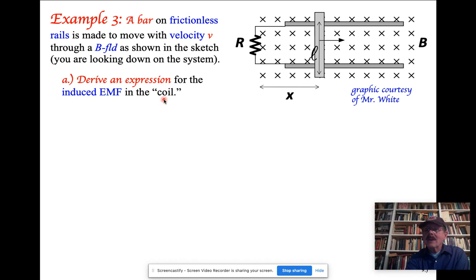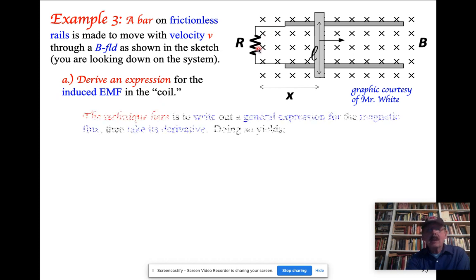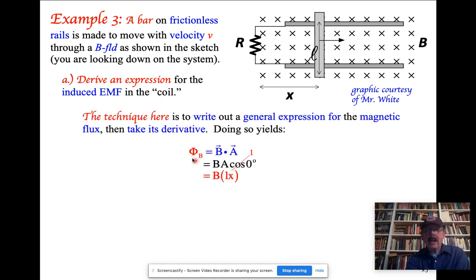The first thing you want to do with this is to write down the expression for the magnetic flux, because that's what's going to be changing. So to do that, you write out B dotted into A. There B is B, and A is the area of this thing, which is going to be this length L times that length X. So there is phi.